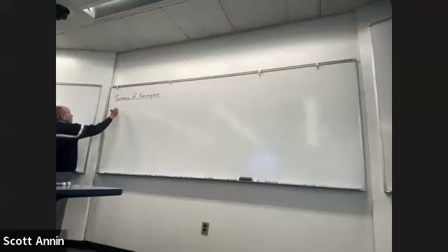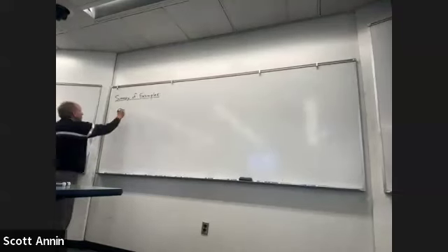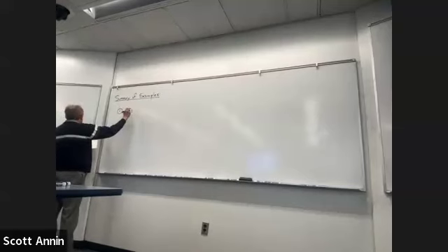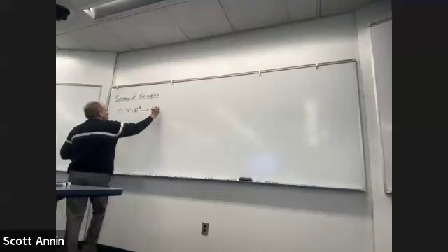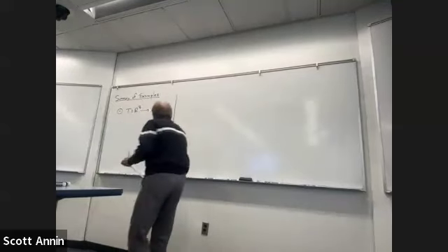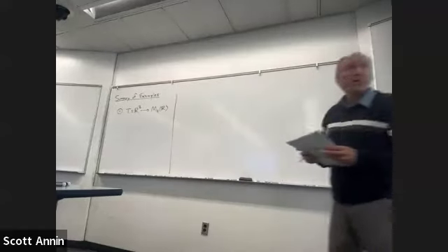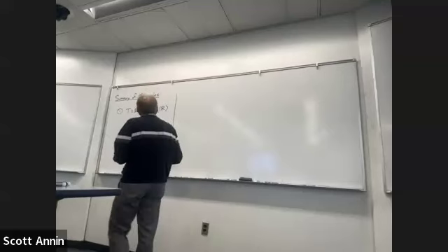Let's go back to the first example. This was a transformation from R3 to M2 of R. So actually what I'm going to do here is make a little chart again. So you might want to give yourself some space to make some columns.